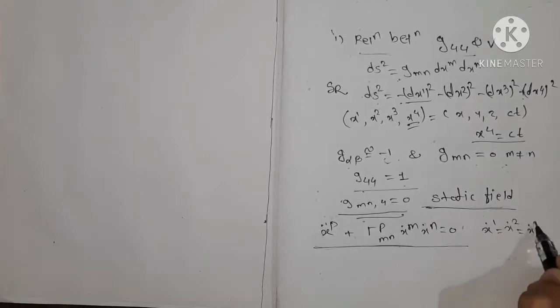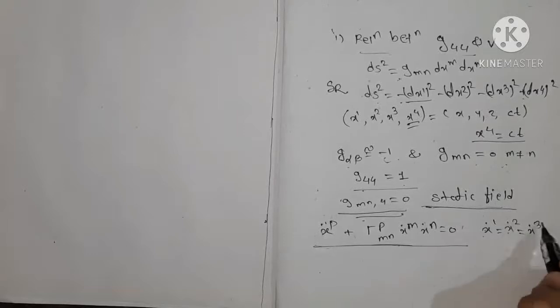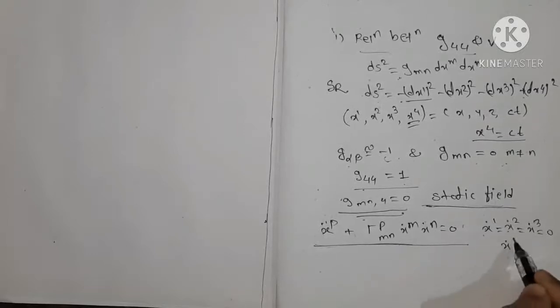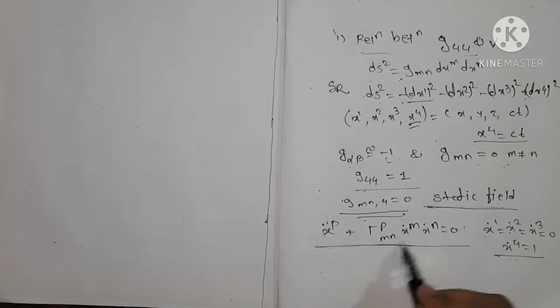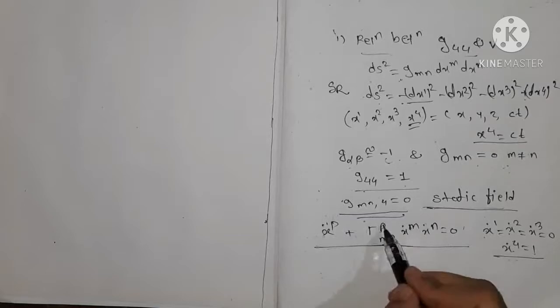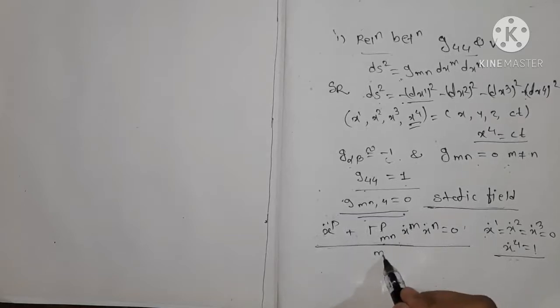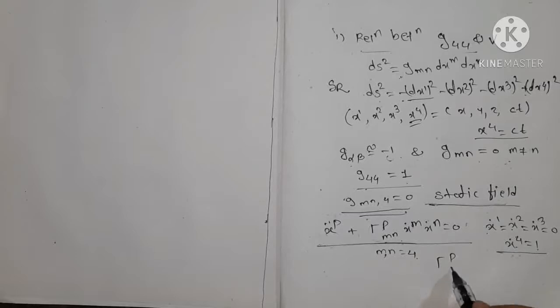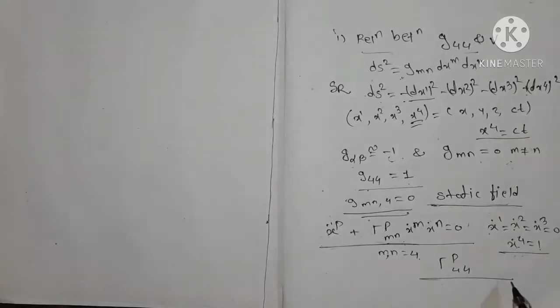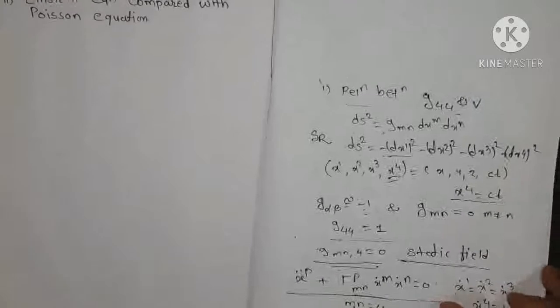That is, x dot 1, x dot 2, x dot 3 are equal to 0, and x dot 4 is equal to 1. We substitute this here, and since x dot 4 is 1, we solve this for m, n equal to 4, that is for gamma p44.